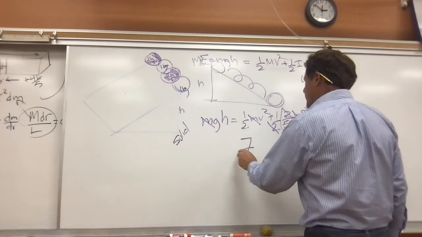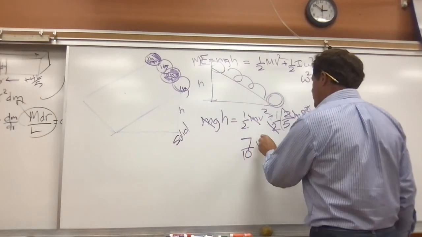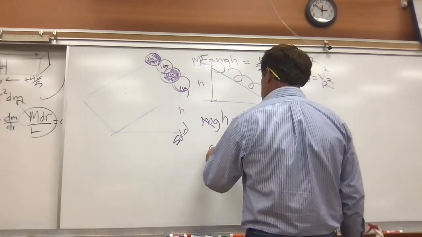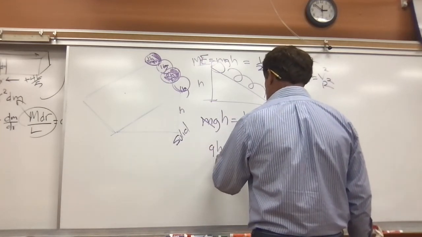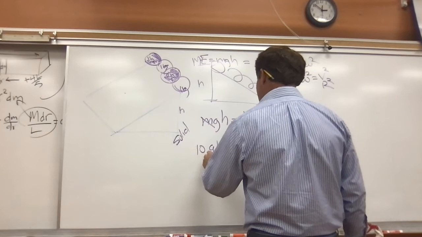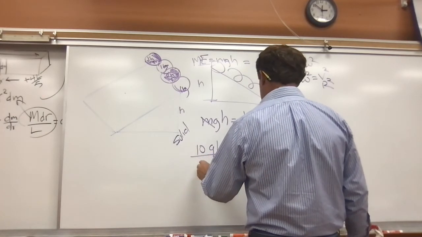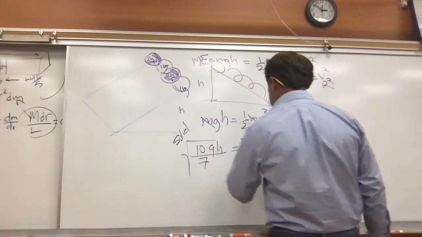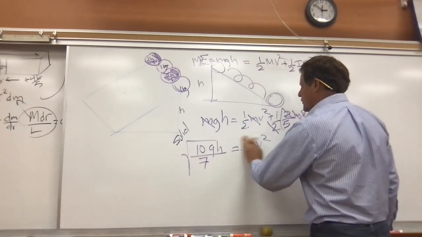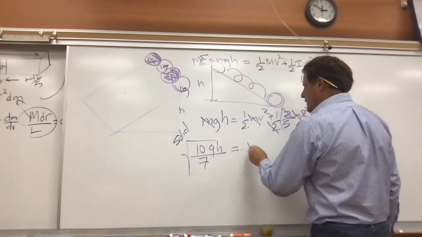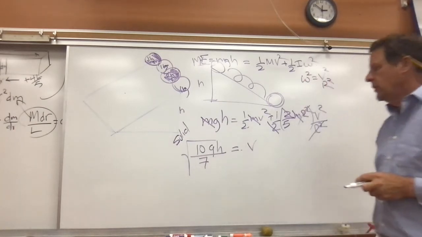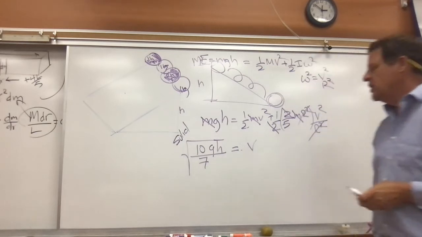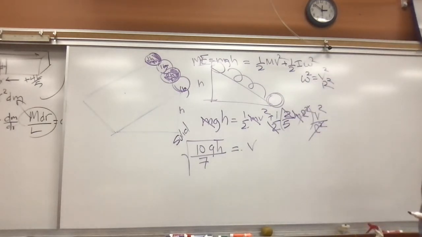So we have 7/10 v squared equal to gh, and so our velocity here is going to be the square root of 10 gh over 7.